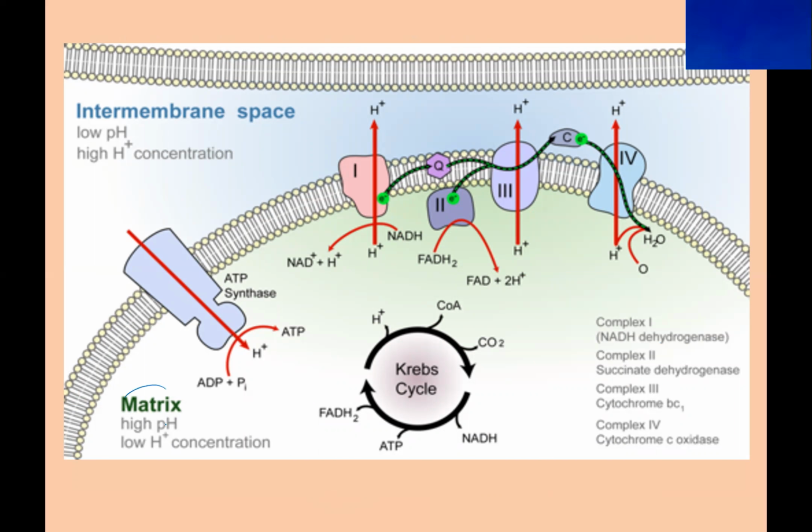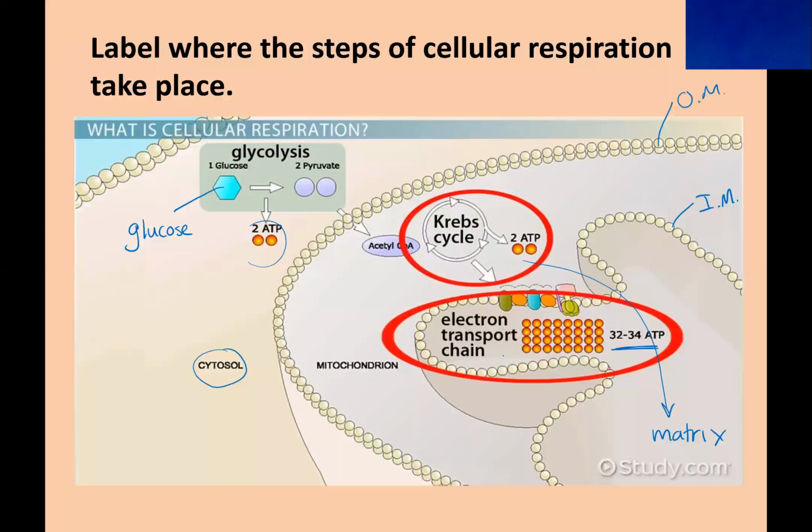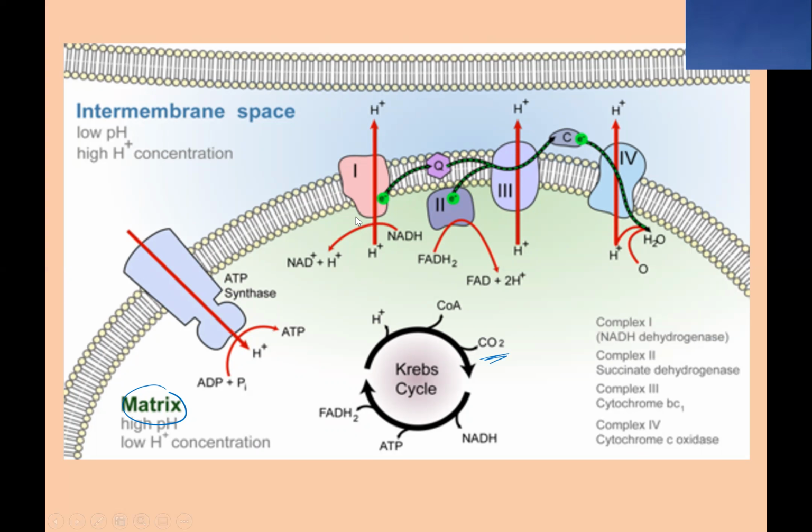So again, here's the matrix showing the Krebs cycle, reminding you that as we break down glucose, we're releasing CO2. Here is where oxygen is required as the final electron acceptor.